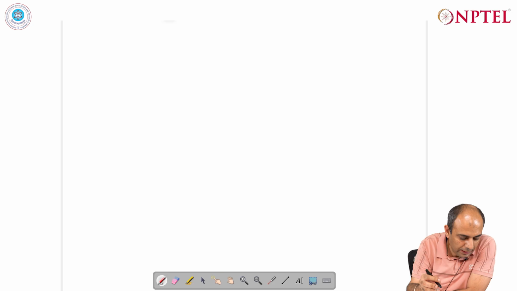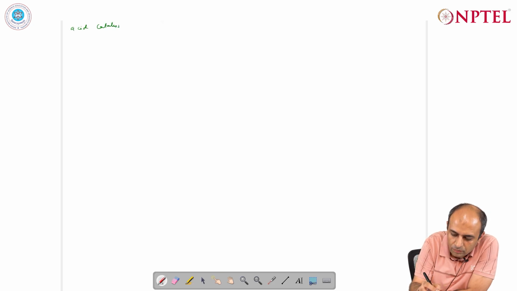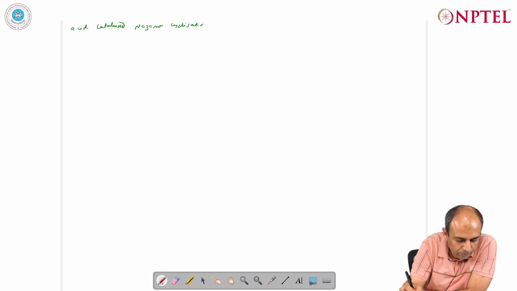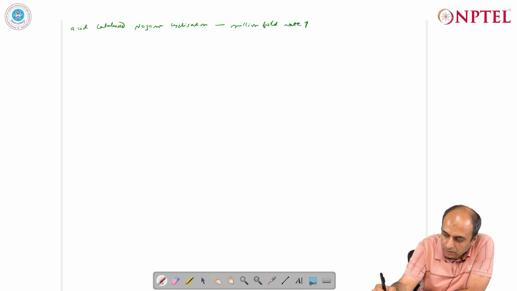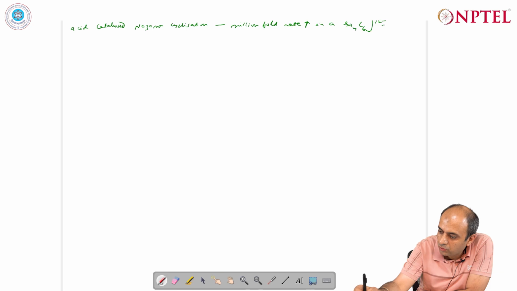The next reaction we would like to investigate is the acid catalyzed Nazarov cyclization, where what was observed is a 1,000,000-fold rate enhancement in a Ga4L6 12- capsule.